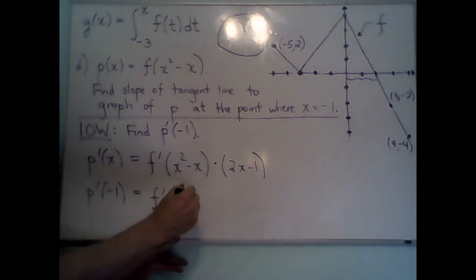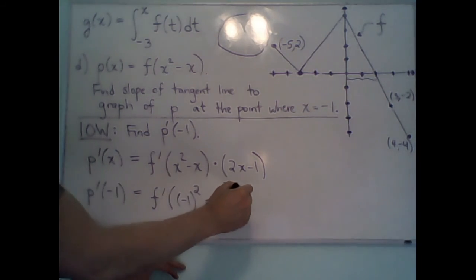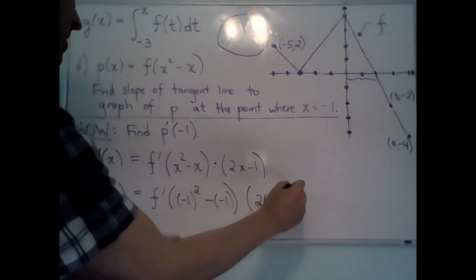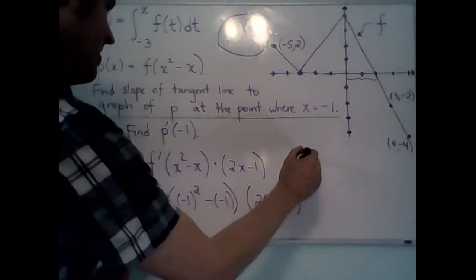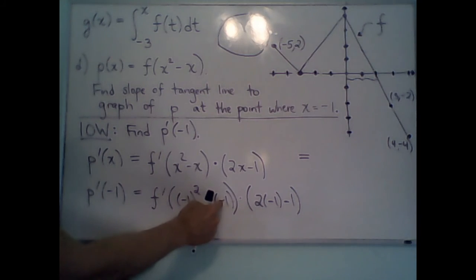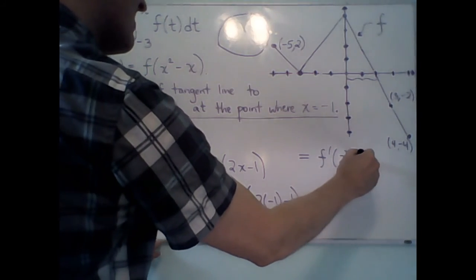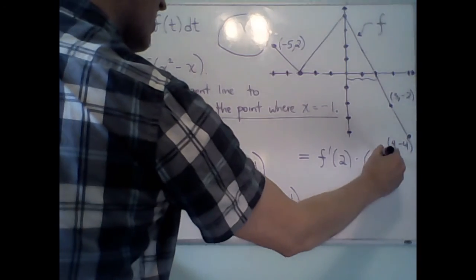So negative 1 squared minus negative 1 times 2 times negative 1 minus 1. All right. That's going to equal, okay, negative 1 squared is 1, minus negative 1 is 1 plus 1, that's 2, so f prime of 2 times negative 3 right there.